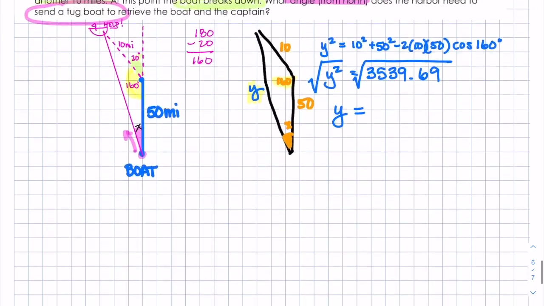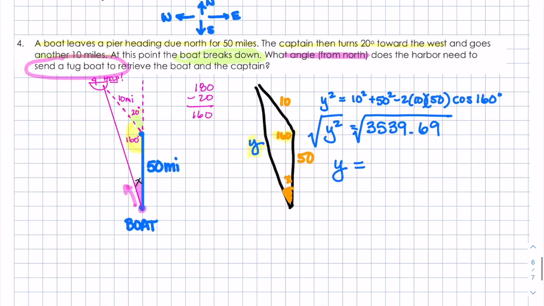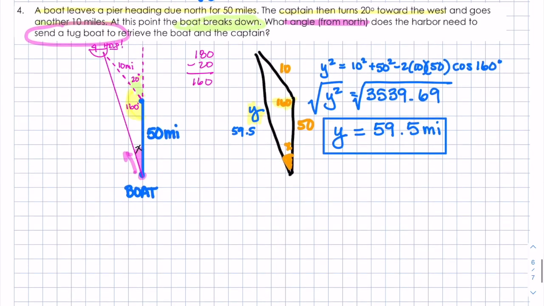So pretty close. Okay. So now I know this. So this is 59.5 miles. So why is that helpful?